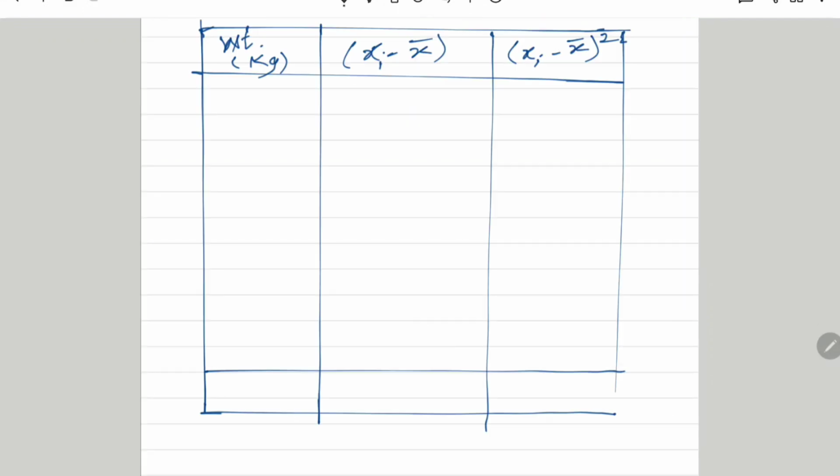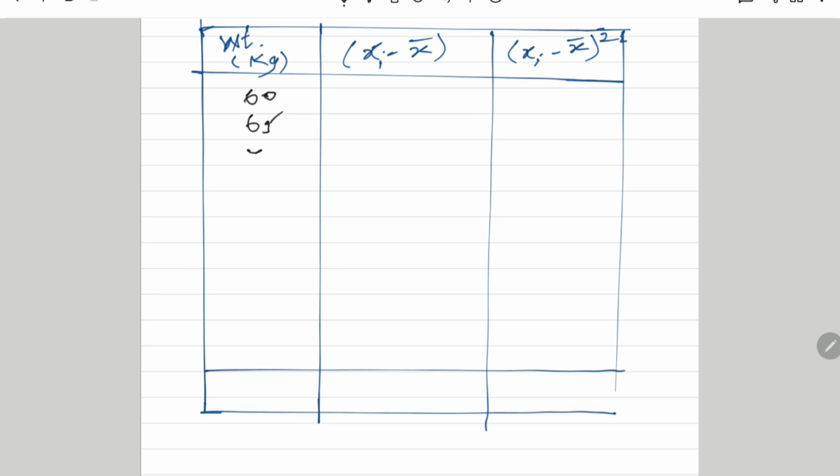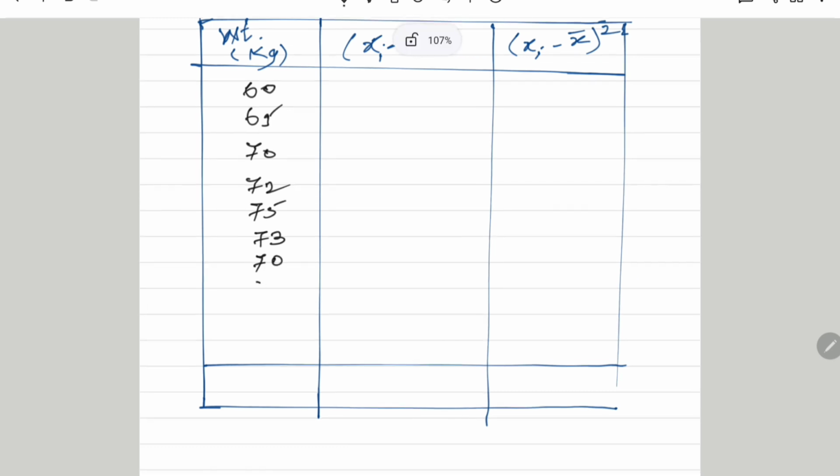The table for weight. Substituting values for weight in the first column of the table, weights are 60, then 65, 70, 72, 75, 73, 70, 77, 78 and 80.